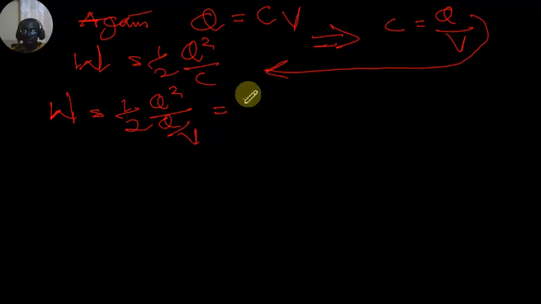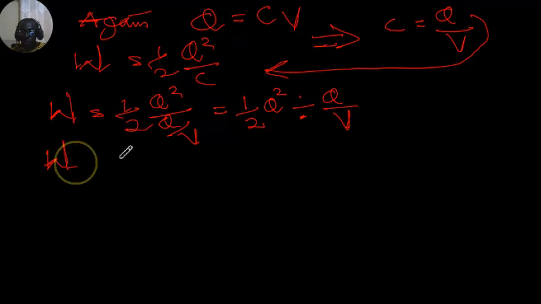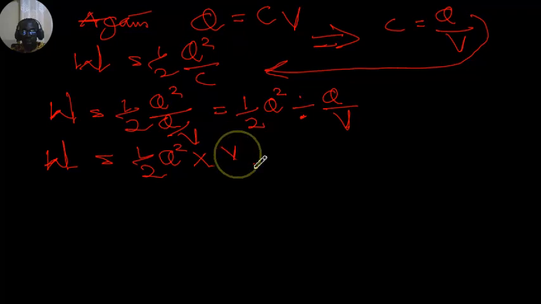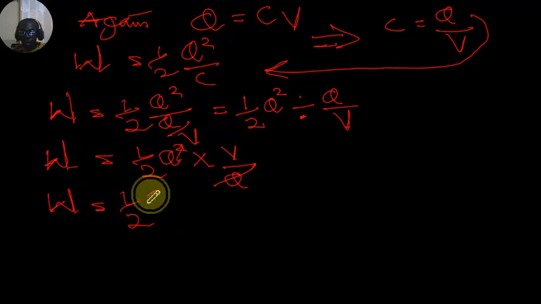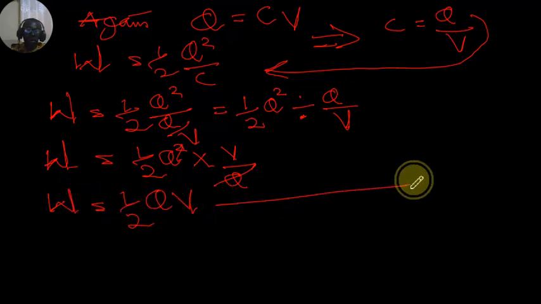That means this is 1 over 2 q squared divided by q over v, and then we have work done to be 1 over 2 q squared times v over q. One q cancels one of these q, so you are left with work done again is 1 over 2 qv. Call this your third equation, which will now be our equation 4.